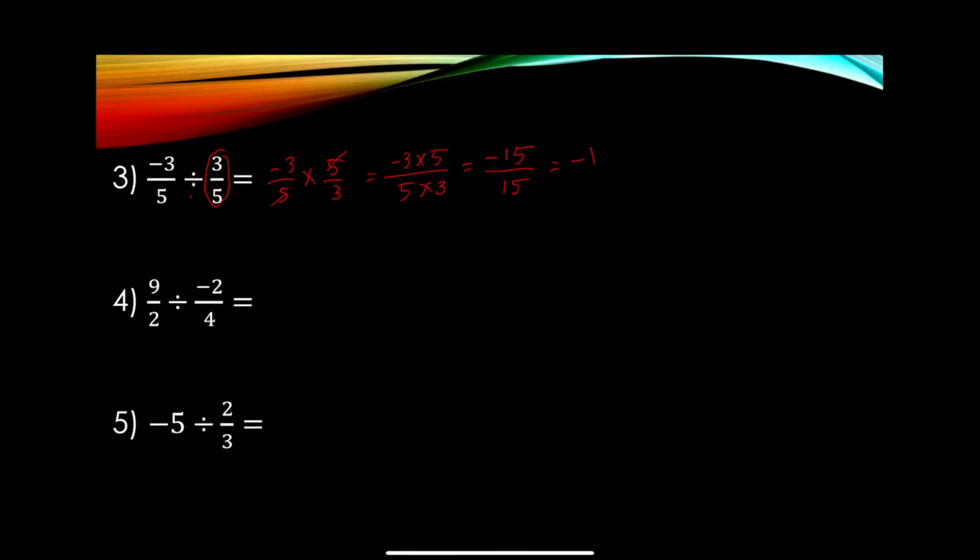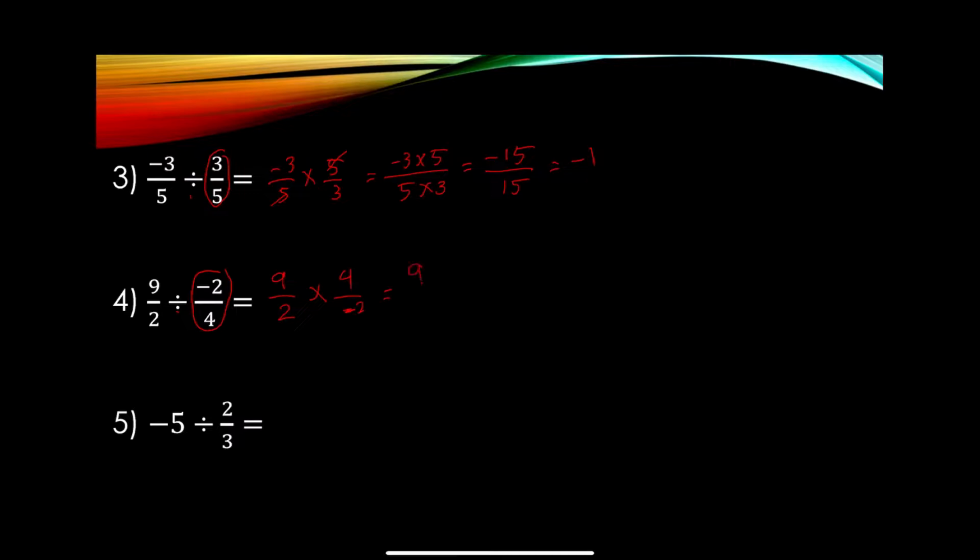9 over 2 divided by negative 2 over 4. So it's 9 over 2 and 4 over negative 2. And the division should be multiplication, so I flip this. By the way, the negative sign here, you can put it in the denominator or you can put it in the numerator. Doesn't matter.